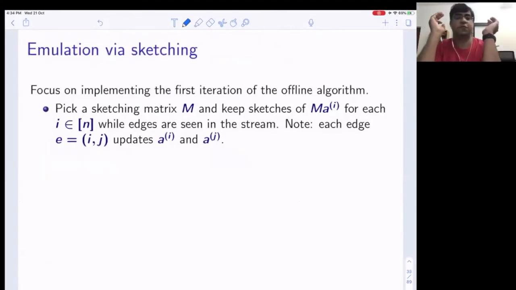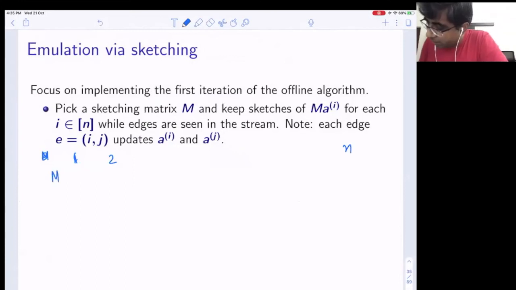So let's focus on implementing the first iteration of this offline algorithm. First iteration, not the second or third round. So we will pick a sketching matrix M, and we'll keep the sketch M A_i for each i. So we have fixed one matrix M. For each vertex i, say 1, 2, up to n, I'm going to keep M A_1, M A_2, up to M A_n.